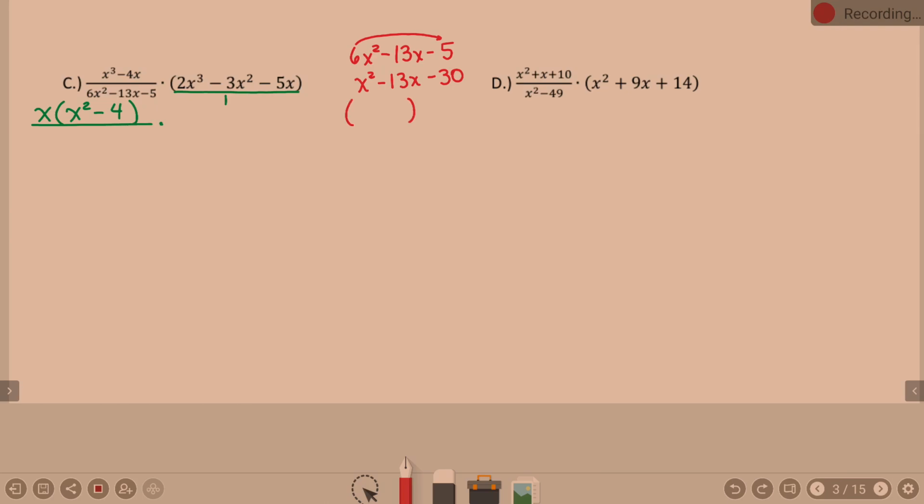X squared is x and x, multiplying to be negative 30 and adding to be negative 13. But does negative 3 and negative 10 give me negative 30?